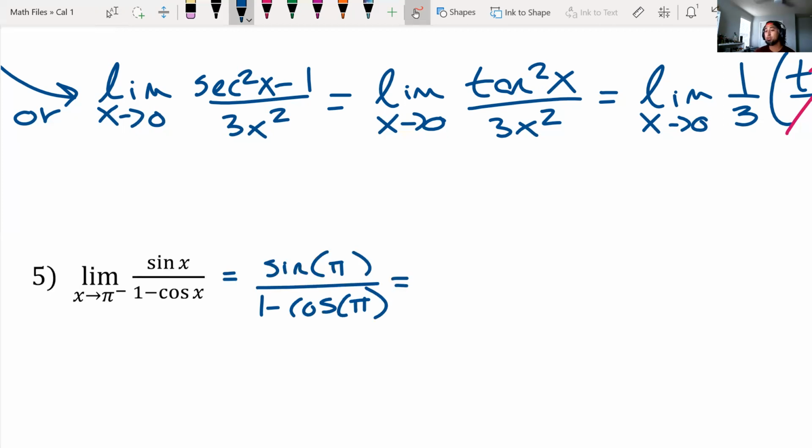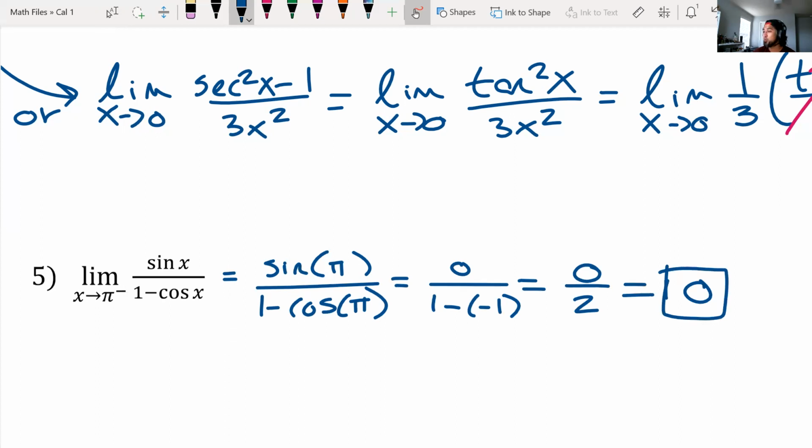What is the value of sine at pi? 0. What is the value of cosine at pi? -1. You get 0 over 2, which is 0. No L'Hopital's needed.